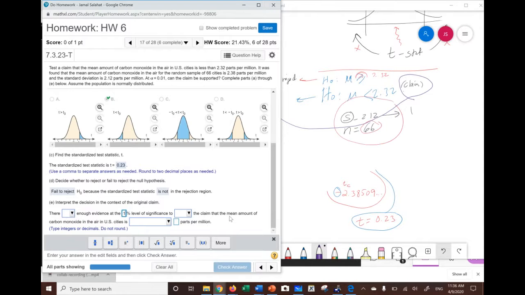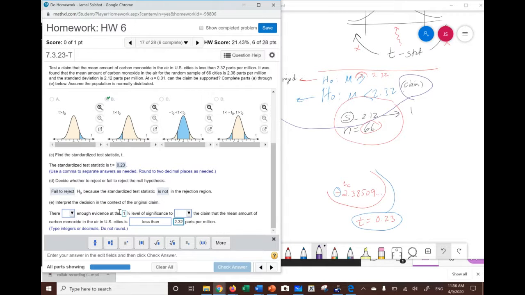What is the claim saying? The claim is saying that the mean amount of carbon monoxide in the air in U.S. cities is less than 2.32. That is what the claim is saying.